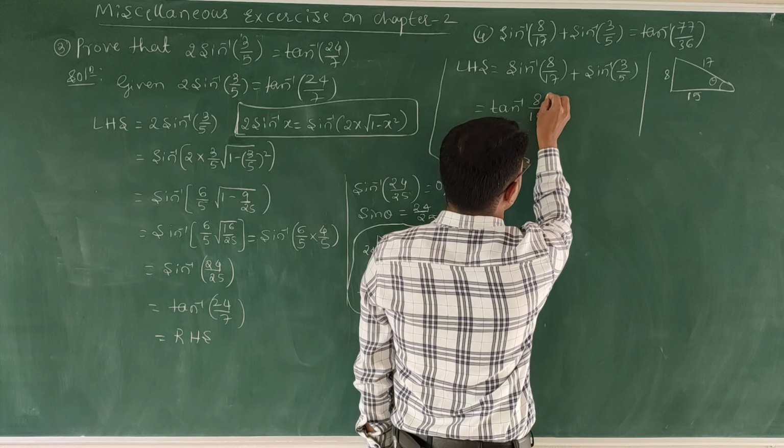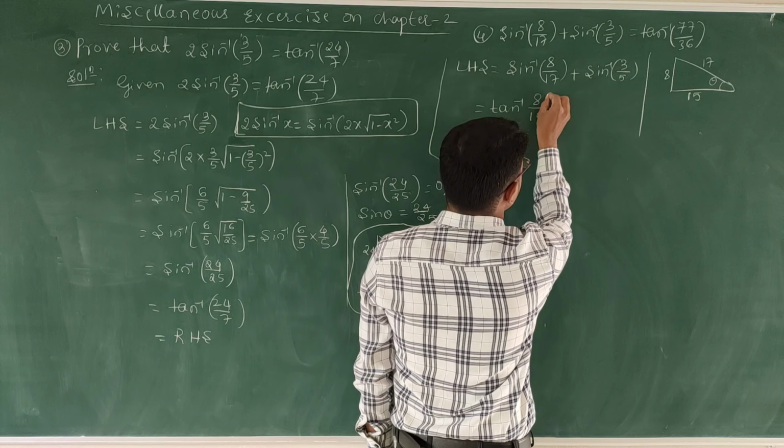Okay, this is a theta again, 3 by 5, opposite divided by hypotenuse. One more triplet is 5. Now defining this tan inverse of opposite by adjacent, 3 divided by 4.